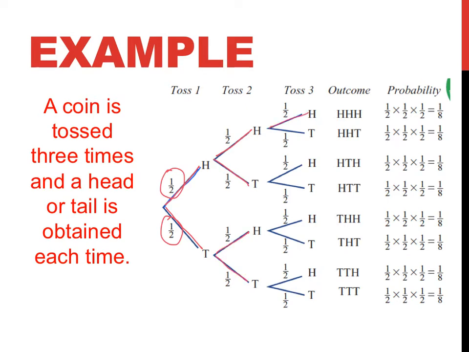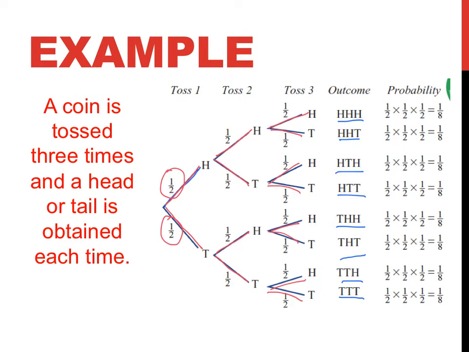And then again on the third toss, half chance each way. So these are all the combinations. I could get 3 heads, or I could get 3 tails. I could get 2 heads and a tail, or 2 tails and a head, in any order.